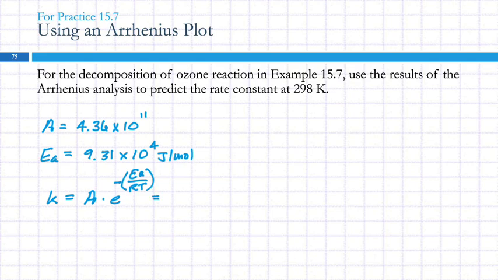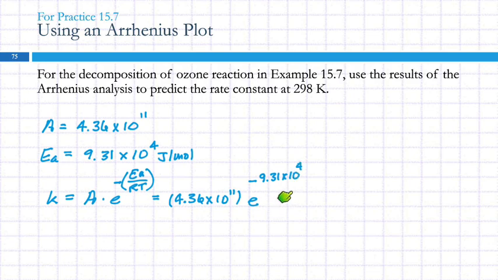So this is going to be equal to 4.36 times 10 to the 11th times e raised to the negative 9.31 times 10 to the 4th.